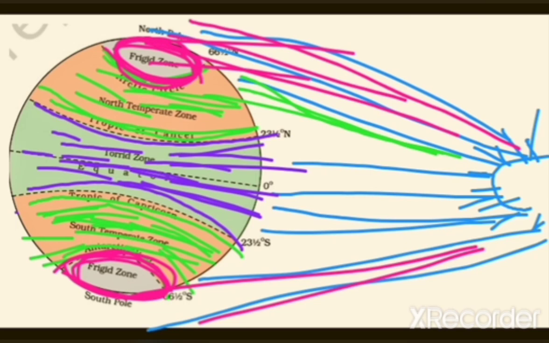This area receives less sun rays, so most of the time it is covered with snow. That means this is the coldest area of the earth.